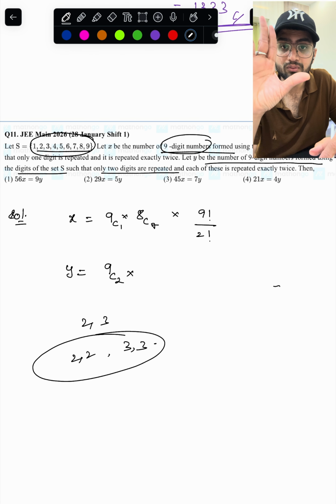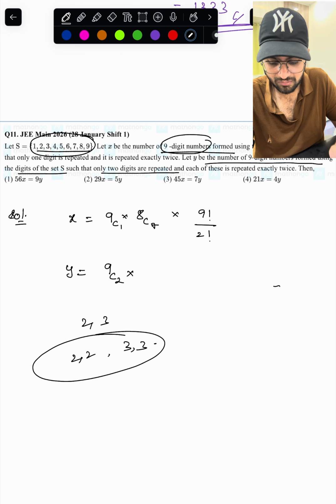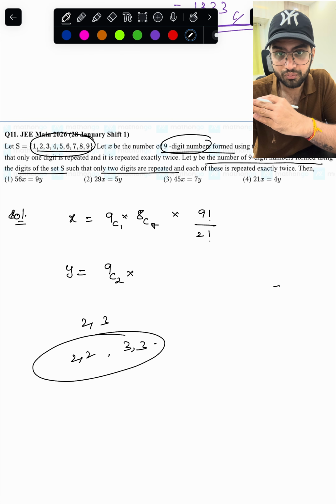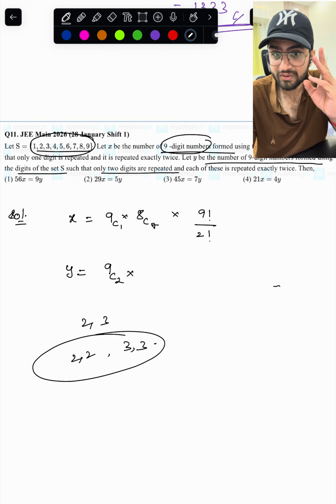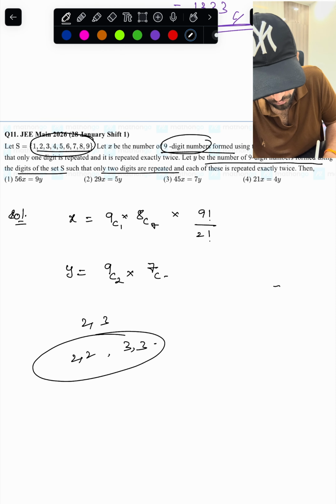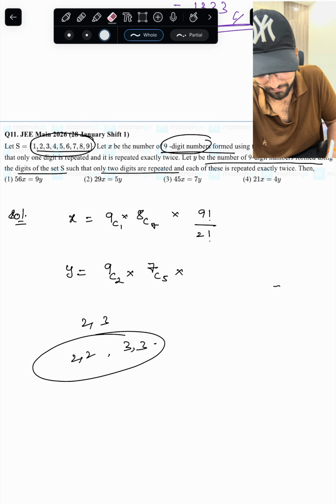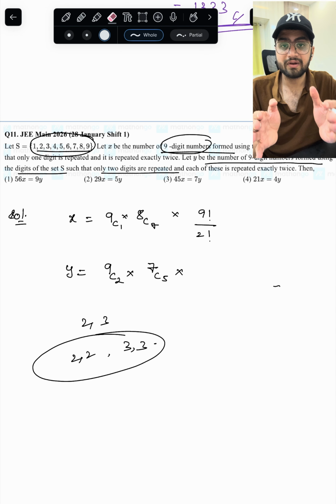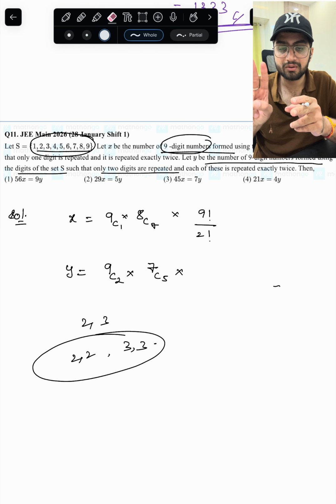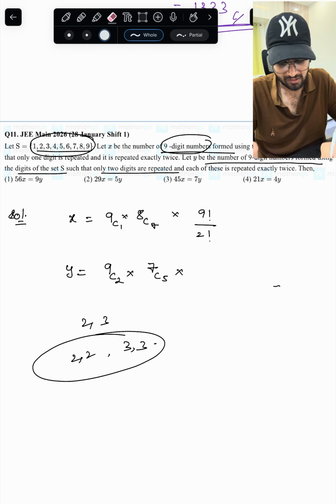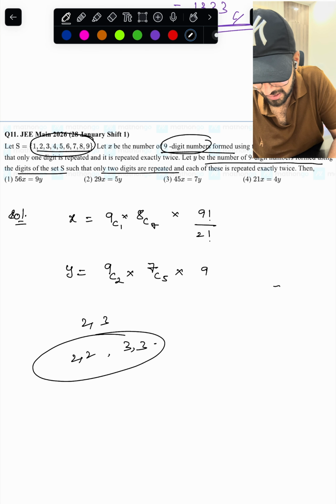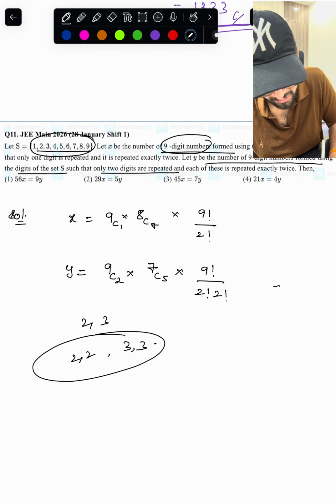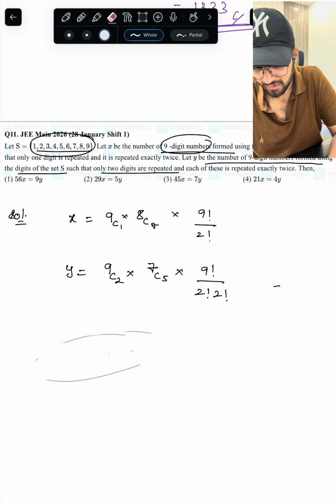Now we need 5 more digits. How can we select them? Out of 9 we have selected 2, so we are left with 7. Out of these 7 we need to select any 5. Now we have 9 digits, of which 2 are repeated twice. So in how many ways can they be arranged? 9 factorial by 2 factorial into 2 factorial.